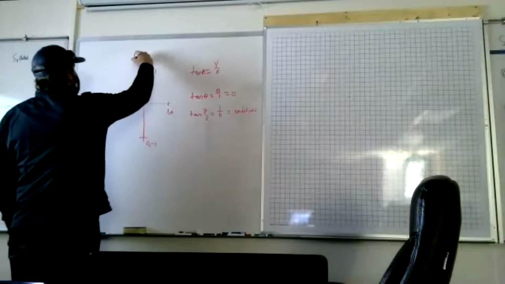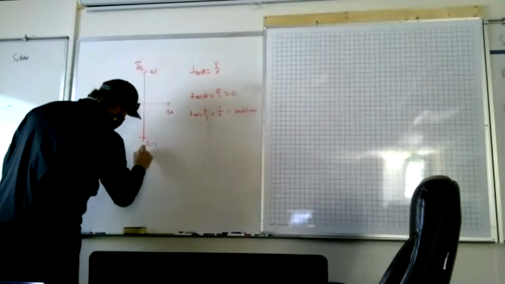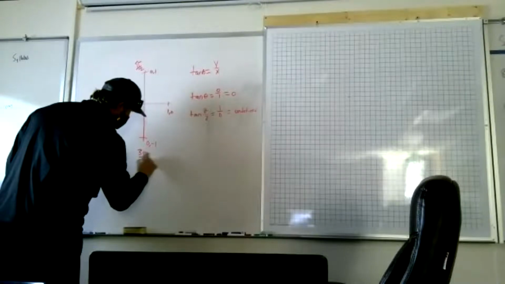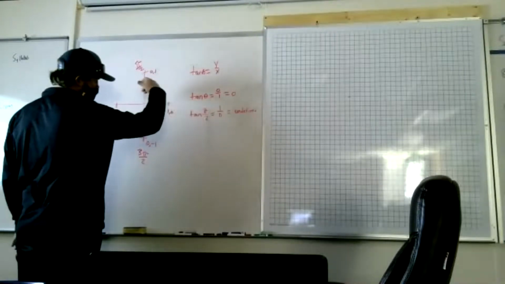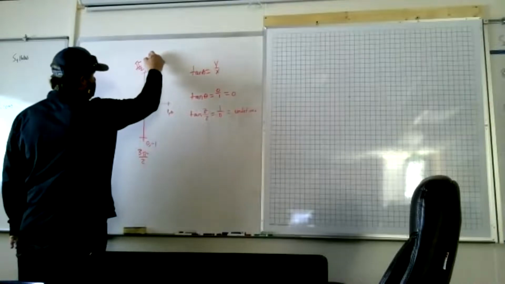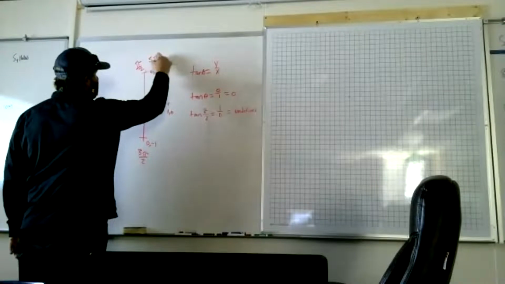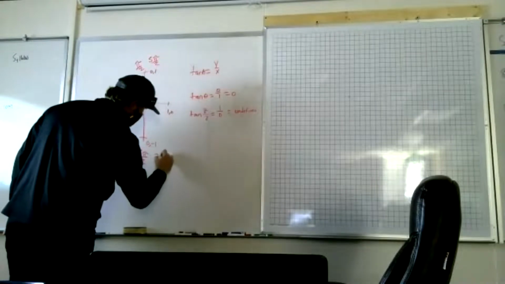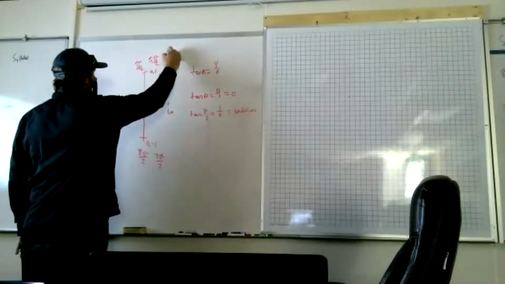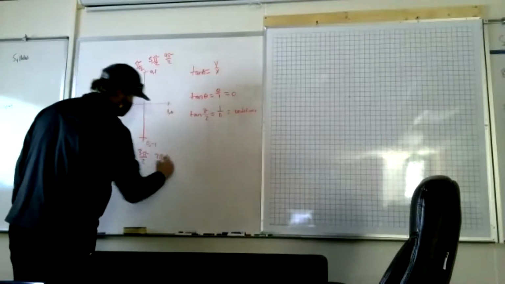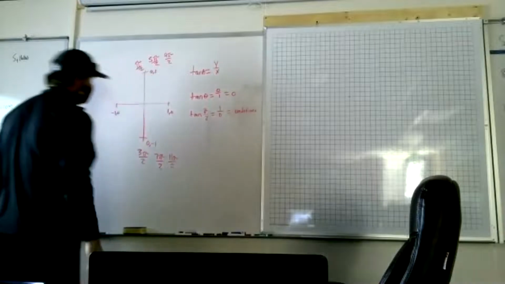So if we're looking at this, we'd have pi halves, we'd have 3 pi over 2. Okay, and then we would have 5 pi over 2, 7 pi over 2, 9 pi over 2, and 11 pi over 2.